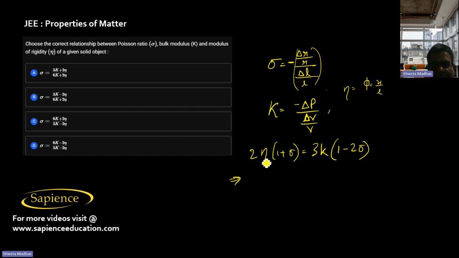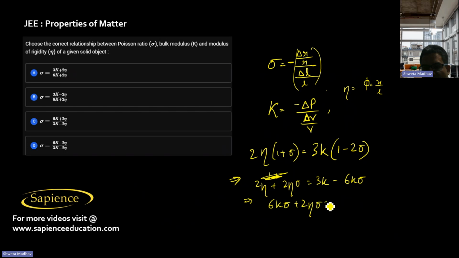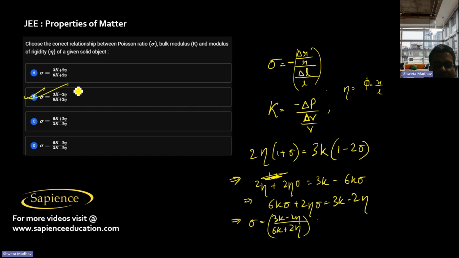If we rearrange it, then we get 2 eta plus 2 eta sigma equal to 3k minus 6k sigma. So I can say that 6k sigma plus 2 eta sigma is equal to 3k minus 2 eta. Therefore, sigma is equal to (3k minus 2 eta) divided by (6k plus 2 eta). So option B is the correct answer.